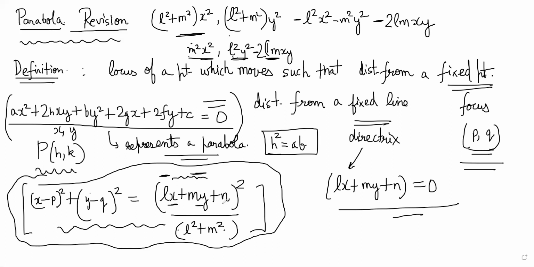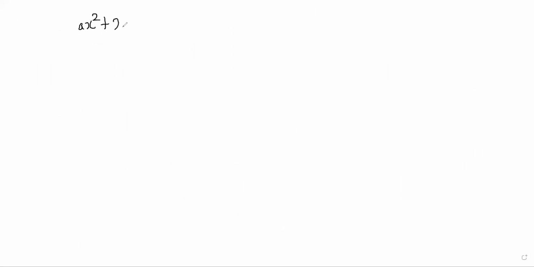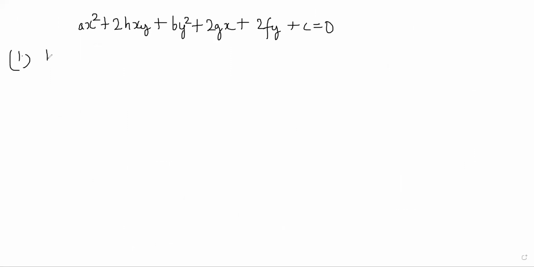So basically what we have figured out is that in the general 2-degree equation, which looks like this, the condition that this equation is a parabola is h square minus ab is equal to 0. And in an earlier chapter, you would have seen that this equation could be a pair of straight lines also.